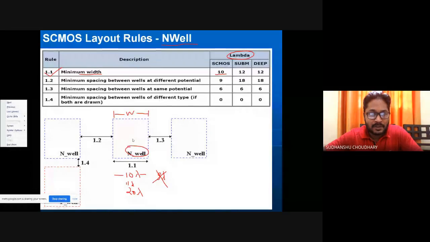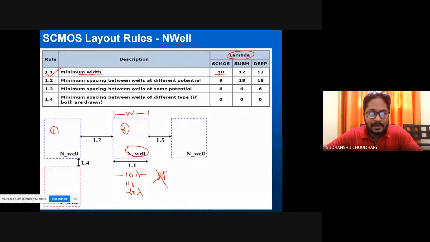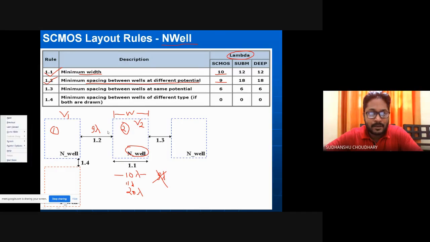For example, well number 1 here and well number 2 are at different potential, maybe V1 and V2. For wells at different potential, the spacing between these 2 wells should be at least 9 lambda.